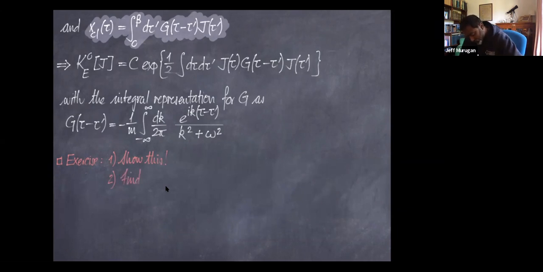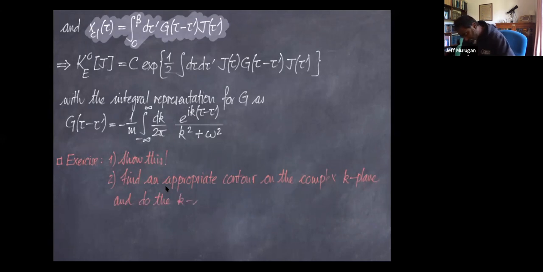So find an appropriate contour on the complex k plane and do the k integral to find the full expression for G of tau tau prime in the zero temperature limit.